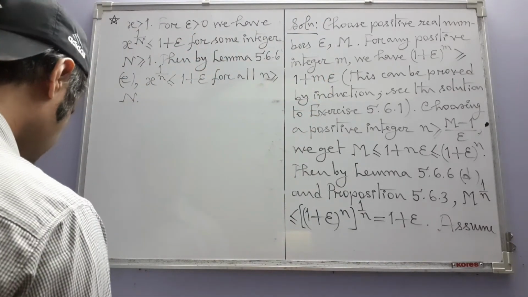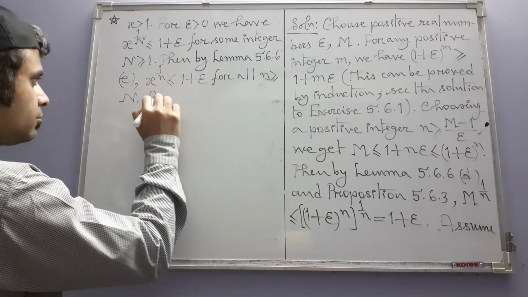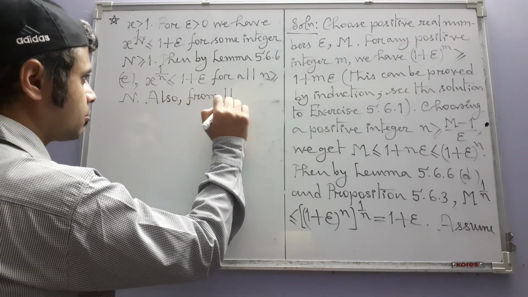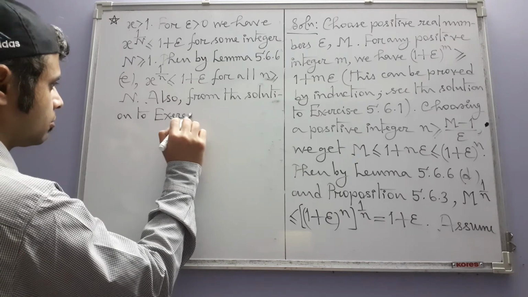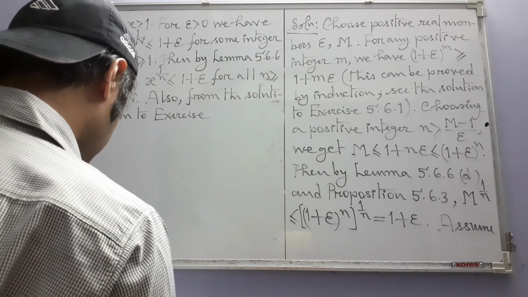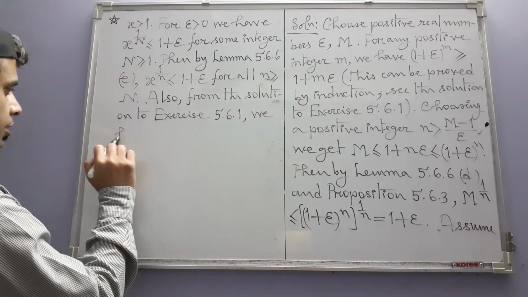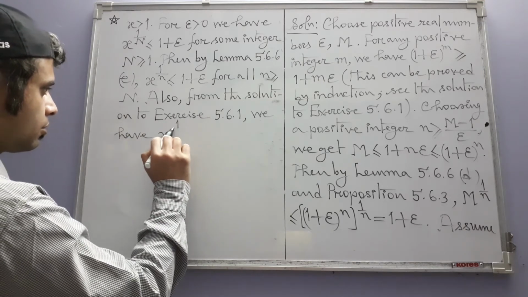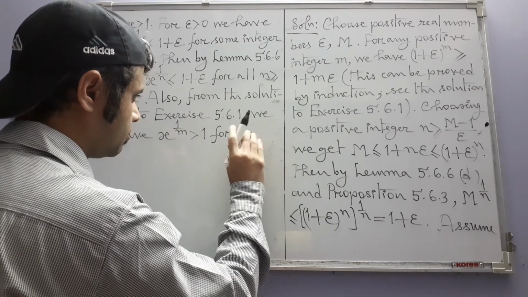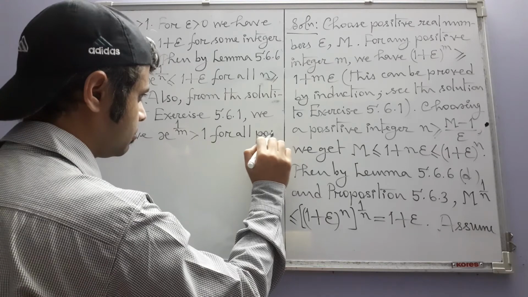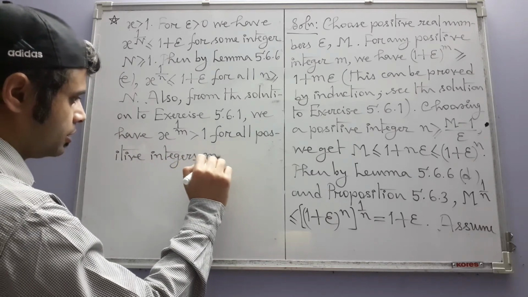Okay, so far this is okay. Also, from the solution to exercise 561 in the previous chapter, we have x to the power 1 over m is greater than 1 for all positive integers m.